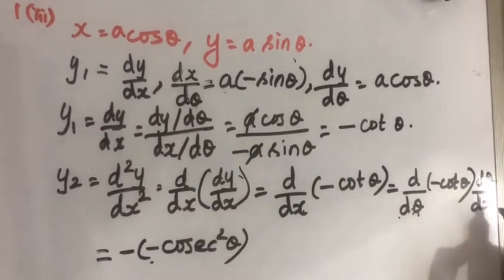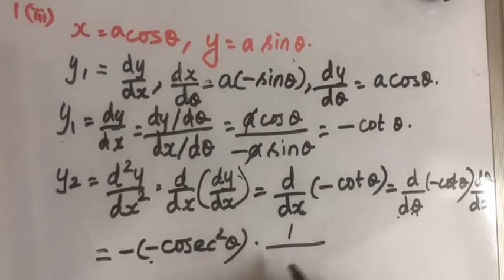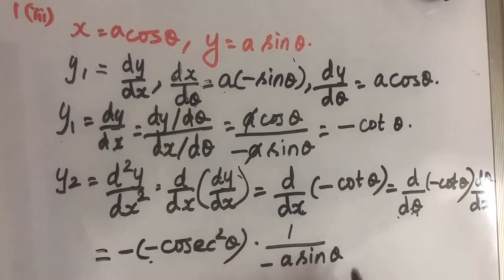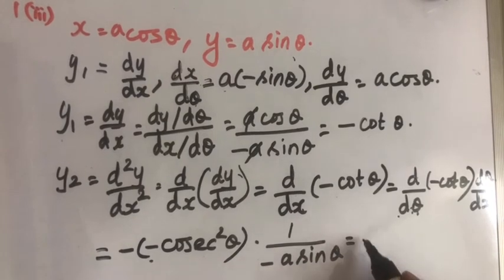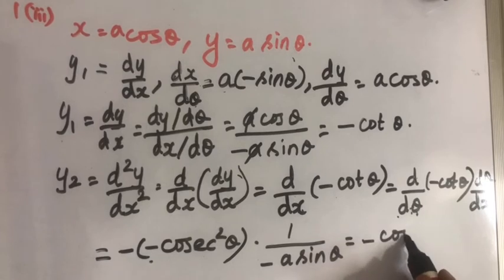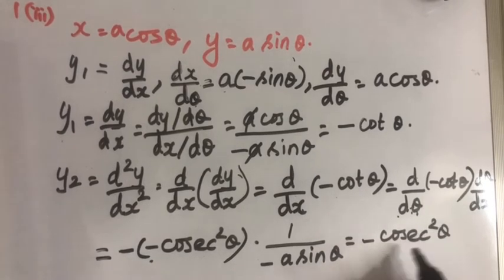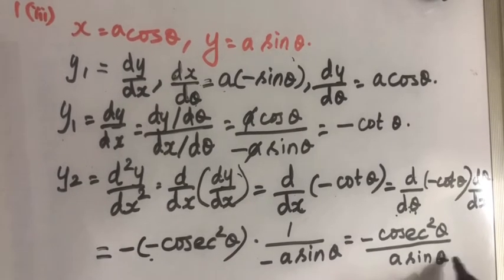So d theta by dx means its reciprocal. That is 1 divided by minus a sin theta. Okay, here minus into minus it is plus. So that is equal to, but here we have a minus. So minus cosecant square theta divided by a sin theta.